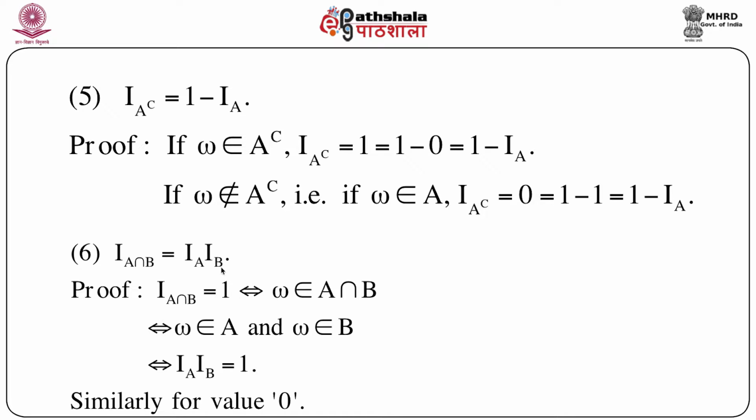Now this proof is complete but only for the value 1. So we have to prove the same thing for the value 0. That means when this indicator function takes the value 0, and if we follow the same logic, we can easily see that even for the value 0, I of A intersection B equals IA into IB. So this proof is complete.